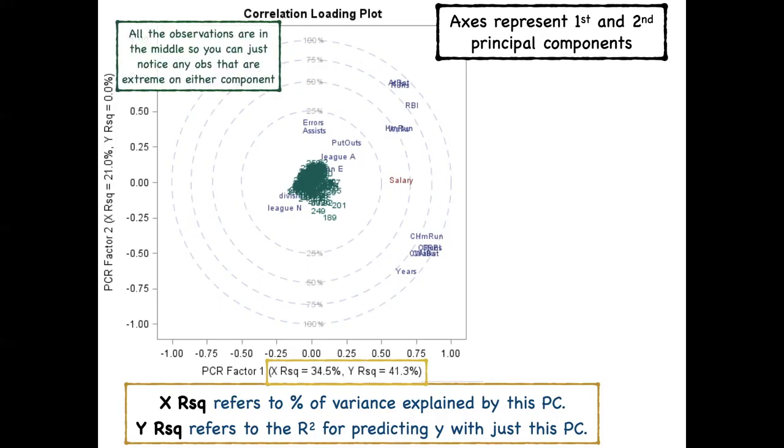All the observations are here in the middle, so you can notice any observations that are extreme on either component. There are only 3 here that seem to separate away from the data enough even to read their labels, but nothing looks too extreme.